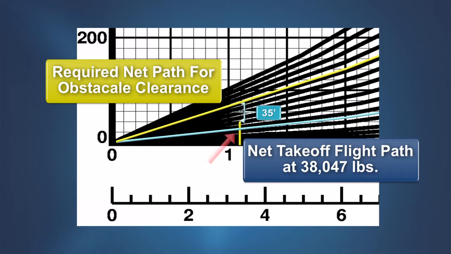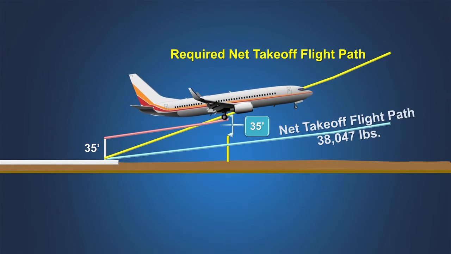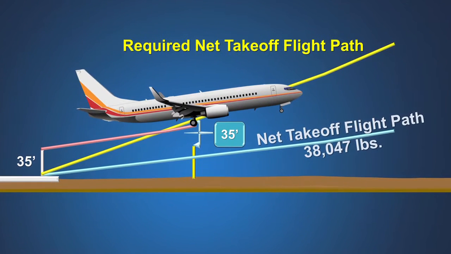The engineer would see that the net takeoff flight path does not clear the obstacle by the required 35 feet and that a steeper net takeoff flight path is required. Here is how it might look to the pilot. Not only does the net takeoff flight path not clear the obstacle by the required amount, the obstacle is very close, less than 35 feet from the predicted actual one-engine inoperative flight path of the airplane.